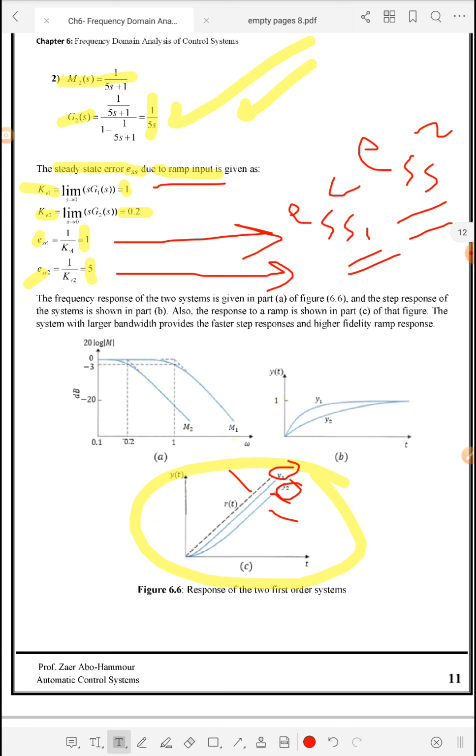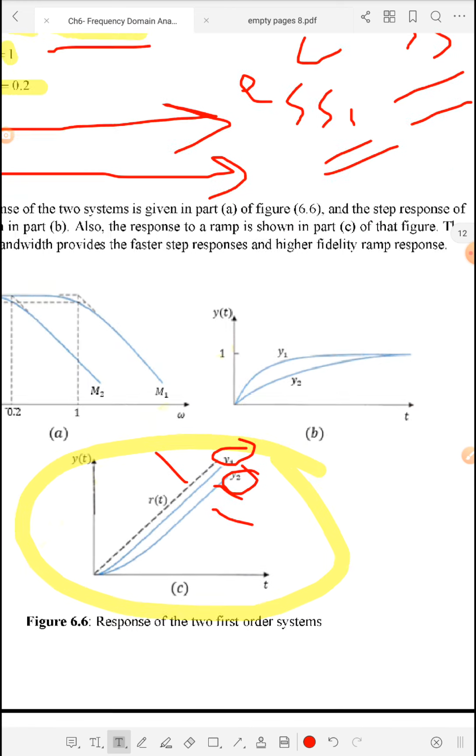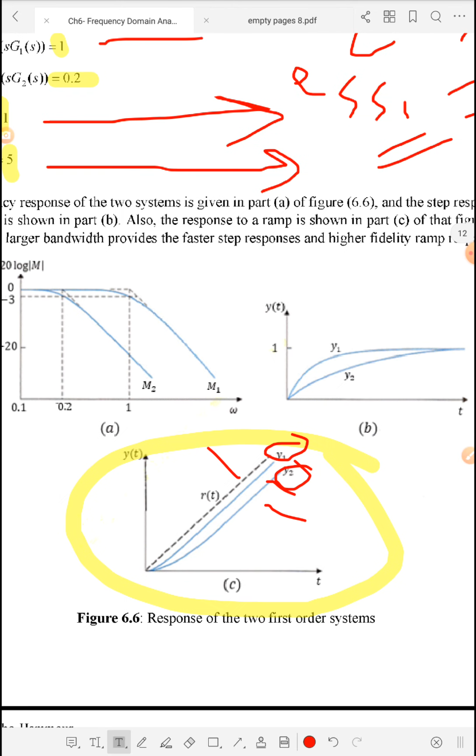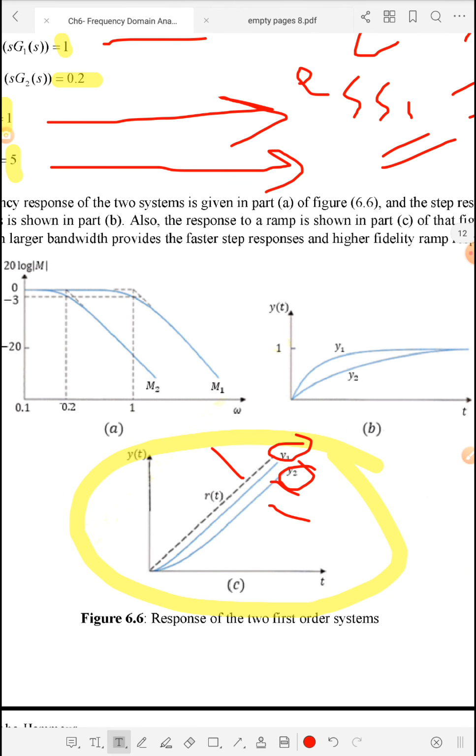So if we pay attention to both figures, those two figures represent the magnitude of the closed loop transfer function in logarithmic scale, for both M1 and M2. So M1 is this response in frequency domain, and M2 is this.